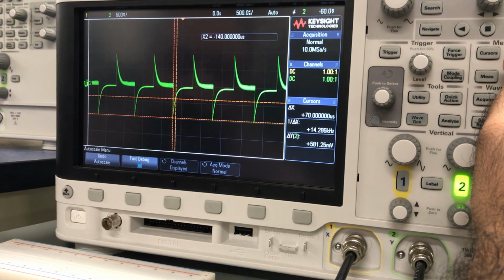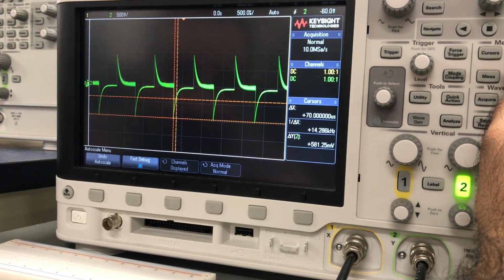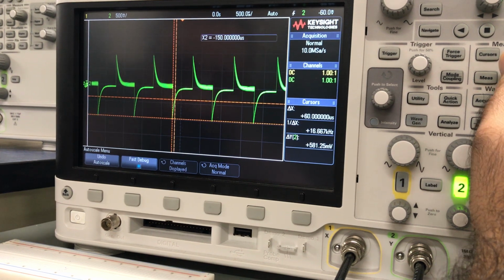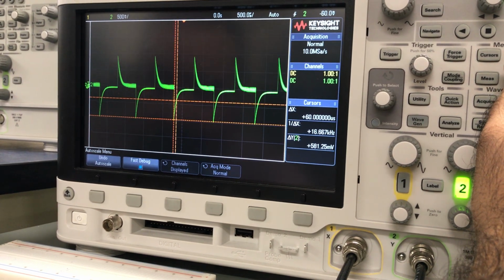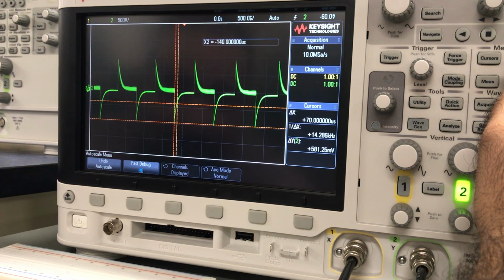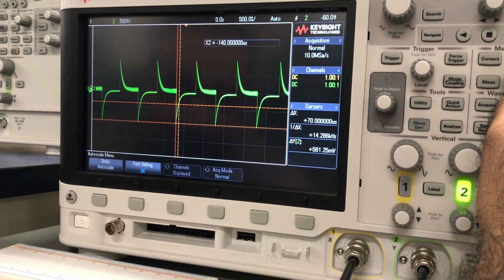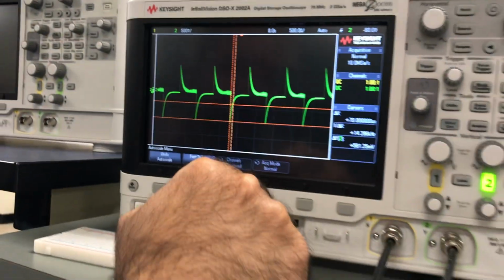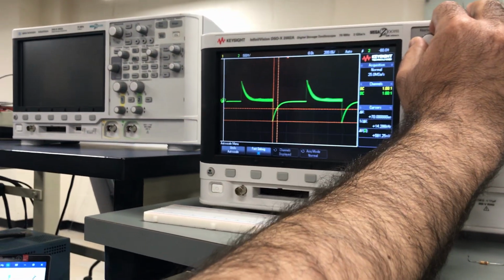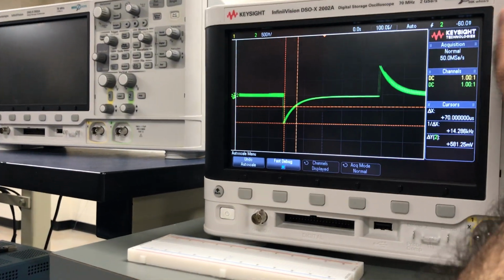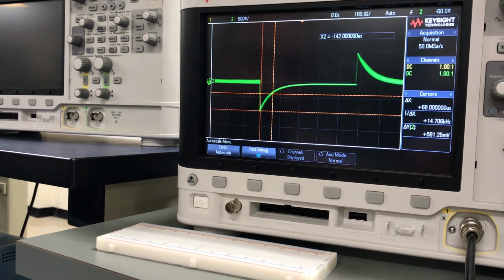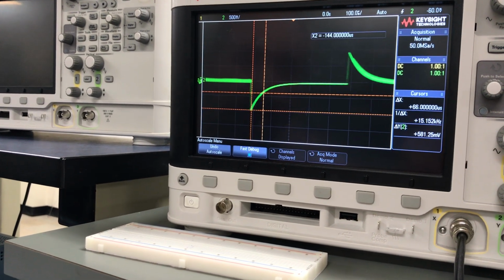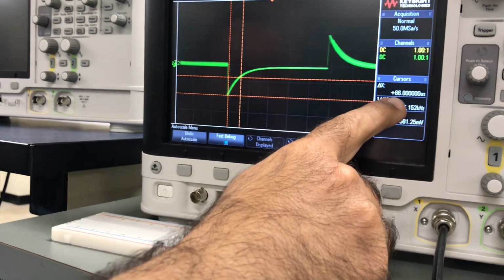I am expecting the time constant, like what I said, 66.6 microseconds. Approximately the scenario here. See delta x? I can make this bigger like that, and move this a little bit here. Yeah, like what you are seeing, 66 microseconds.